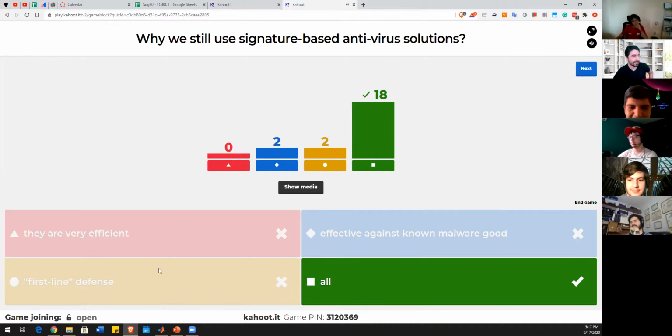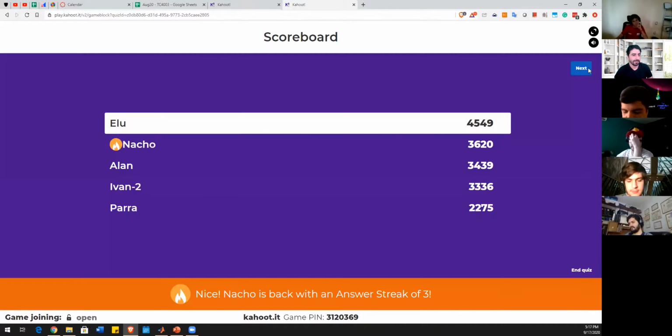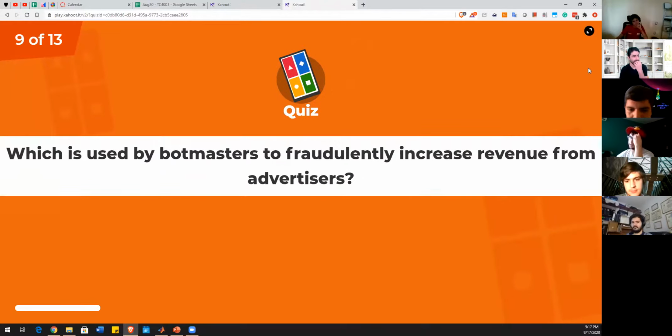Yeah, we already mentioned they are very efficient. They are effective against non-malware, and they are the first line of defense. So I go fast, so I can finish it.